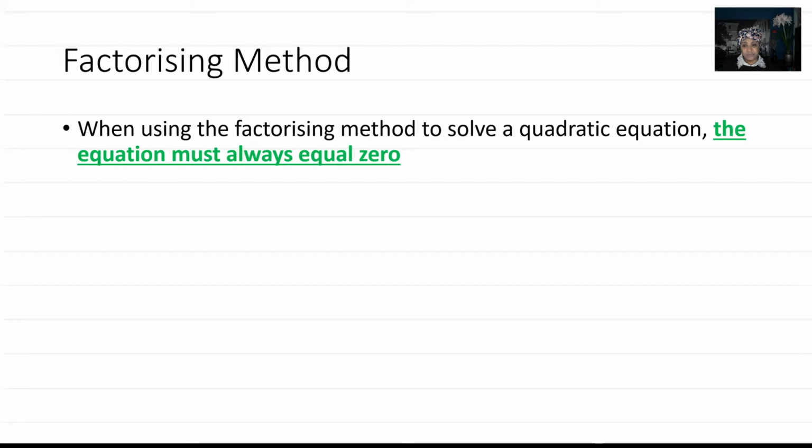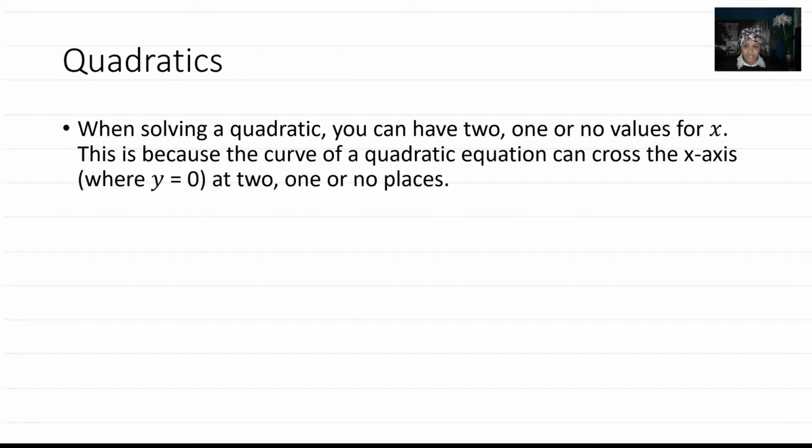All right, so today we're going to do solving the quadratic. In order to solve quadratic equations by factorizing, one side must be 0. So if there is no 0 on one side, you have to rearrange and make sure there is a 0. Okay, so that is how it goes.